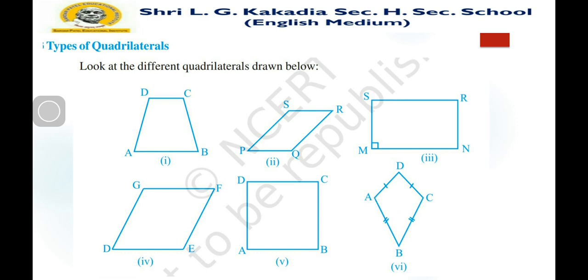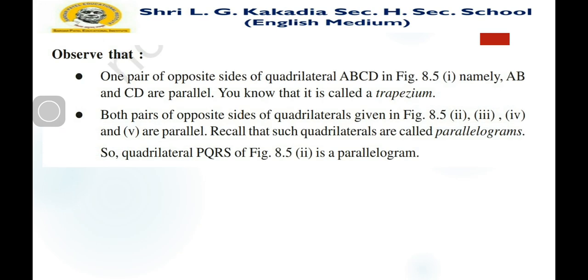Now let us observe that one pair of opposite sides of quadrilateral ABCD in figure 8.51, namely AB and CD, are parallel. This is called a trapezium. Next, both pairs of opposite sides of the quadrilaterals given in figure 8.52, 3, 4 and 5 are parallel.